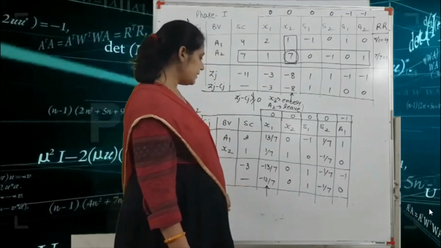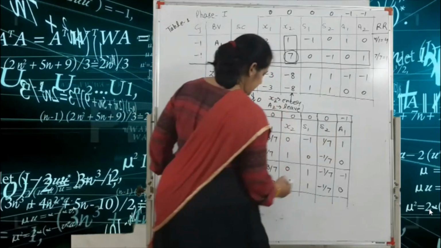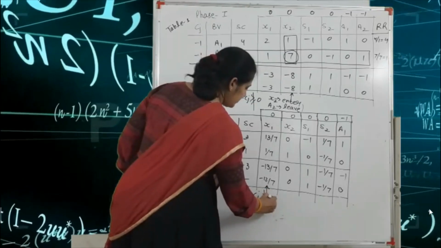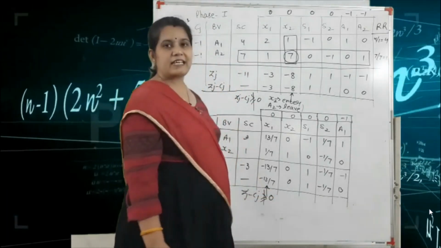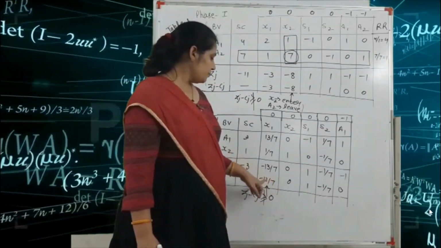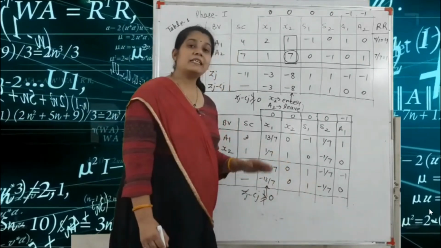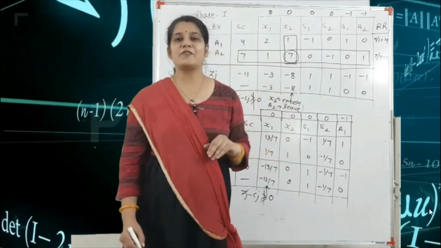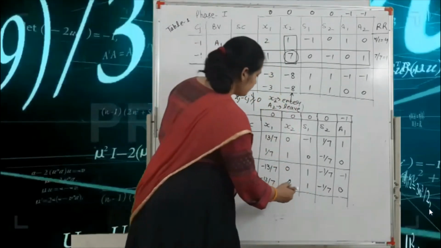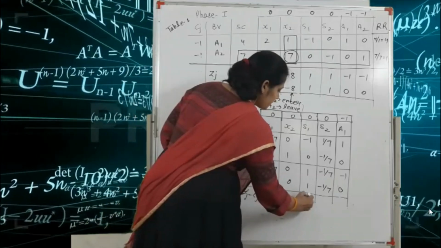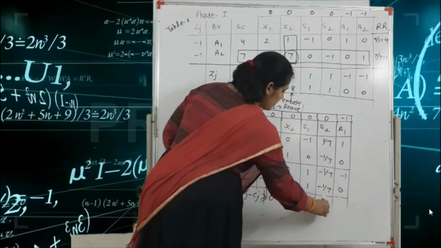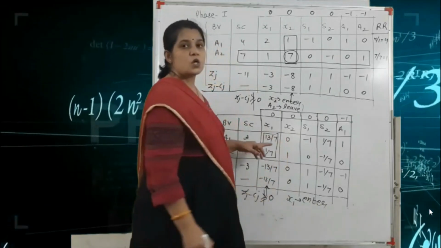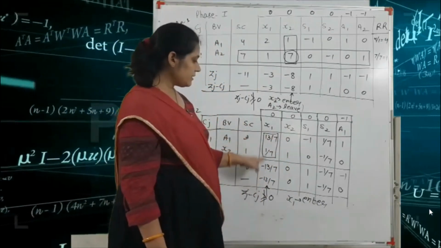So here again Zj minus Cj is not greater than or equal to 0 because this value is negative. Both values are negative, but the largest value with negative sign is the condition of the entering variable. So the entering variable is what? X1 enters. Okay. So the X1 variable is entered. So this is the key column. Got it?